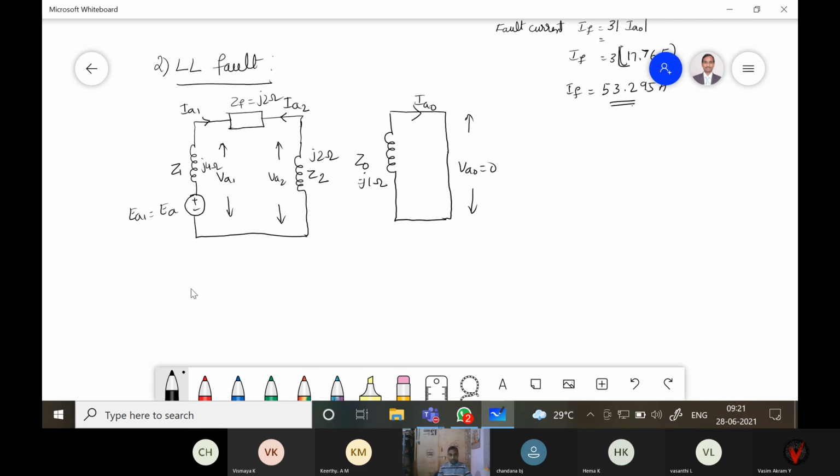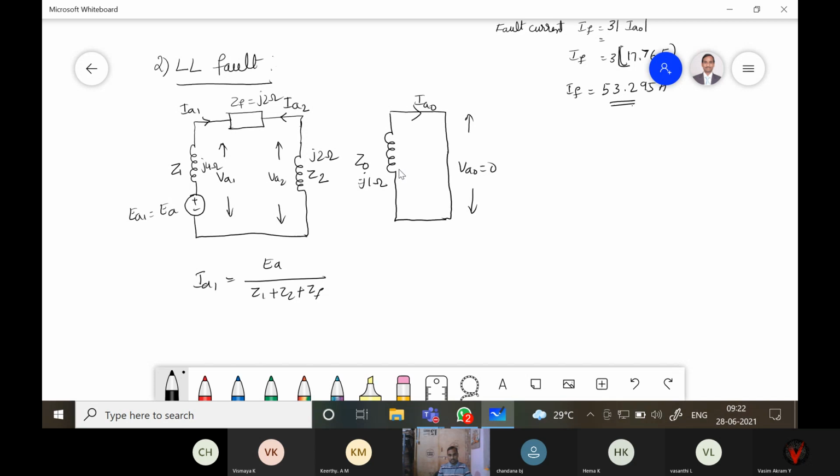In this case IA1 and IA2 can be calculated by, what is IA1? EA is there. This is a complete series circuit. There are three impedances in series, Z1, ZF, and Z2. Therefore EA divided by Z1 plus Z2 plus ZF. In the previous case we added 3 times ZF, so that is the difference here to find IA1.